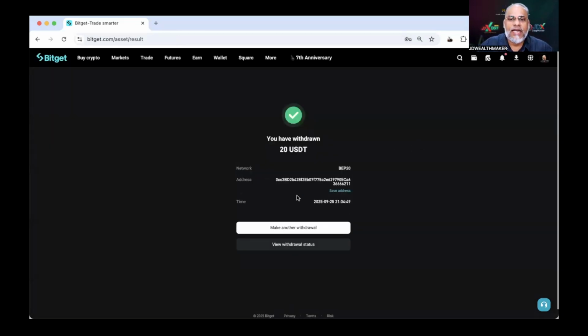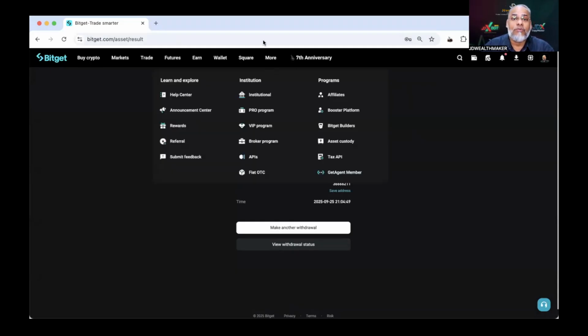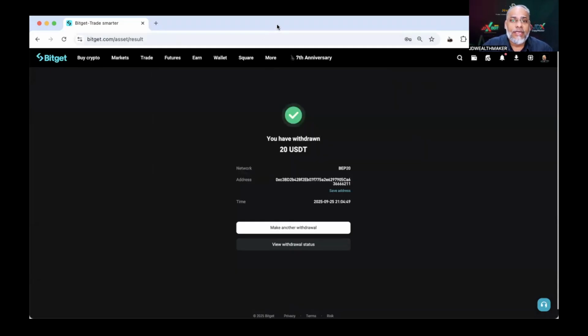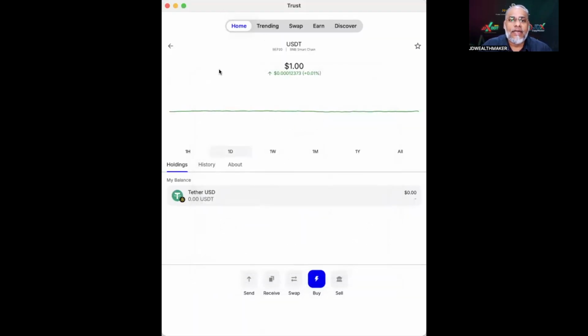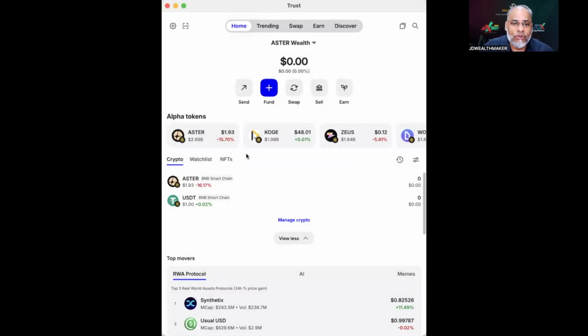Now we will wait for this withdrawal to take place. It will go straight into my Trust Wallet. Once I have that amount in my Trust Wallet, I can proceed to acquire the ASTER token, and I'm going to show you how to do that live.